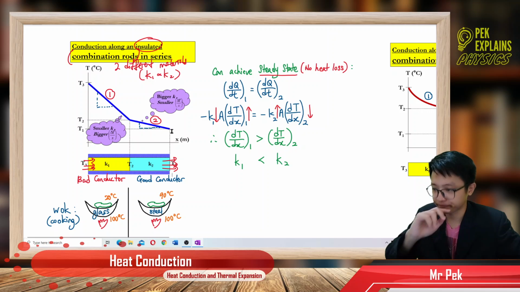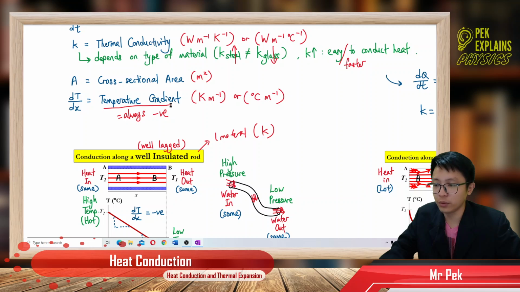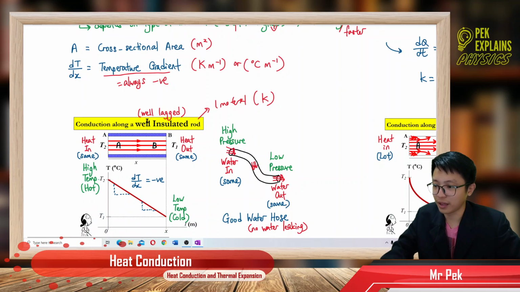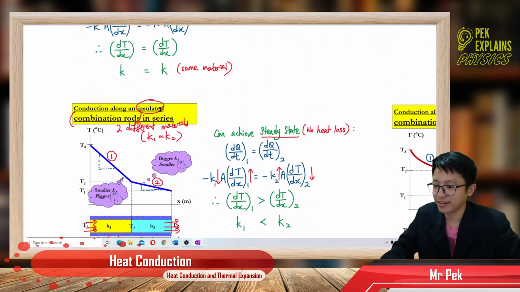And the gradient for both graphs is still negative. As I told you, the temperature gradient dT/dx is always negative.